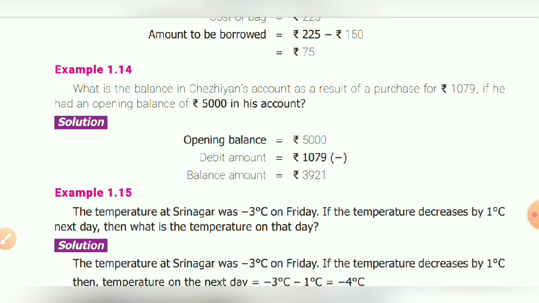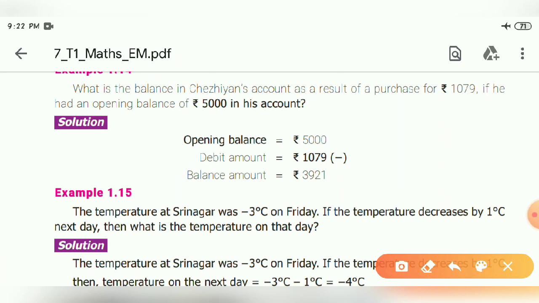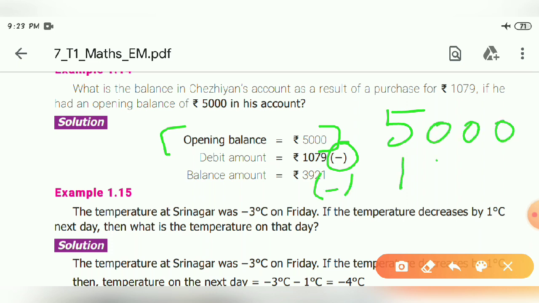The first statement is, opening balance is 5000. Next, he purchased something for rupees 1079, so the debit amount is 1079. Debited means it reduced, so we use minus, subtraction. So 5000 minus 1079. Normal subtraction only.